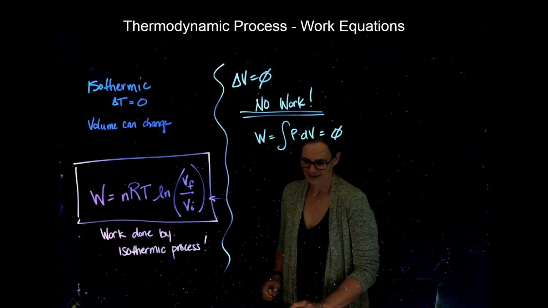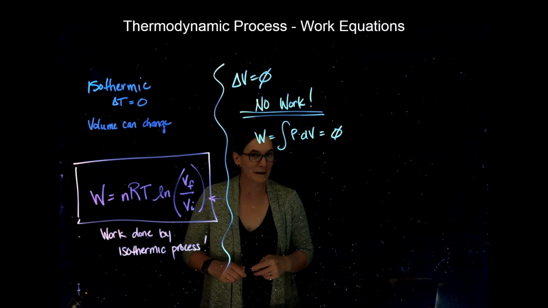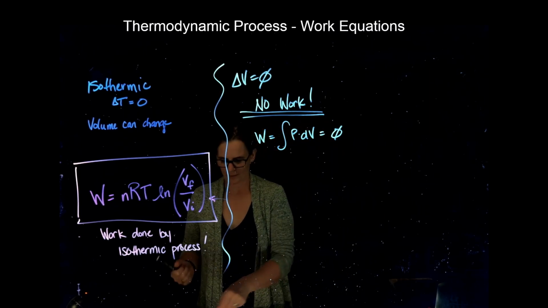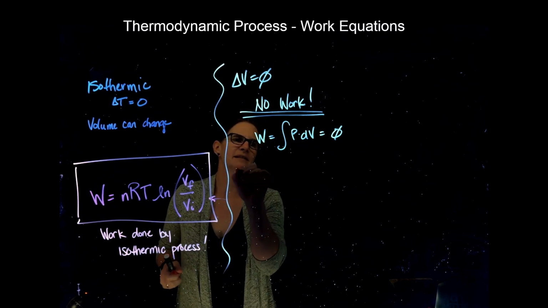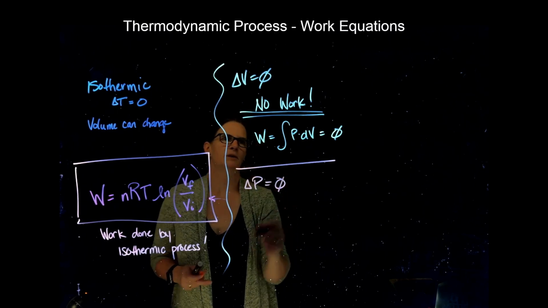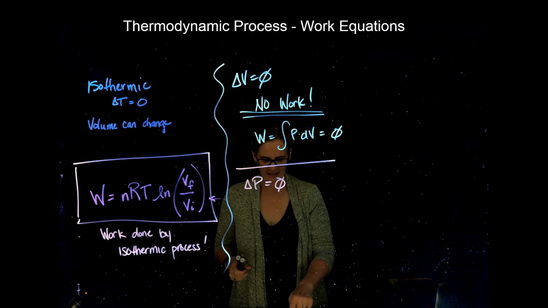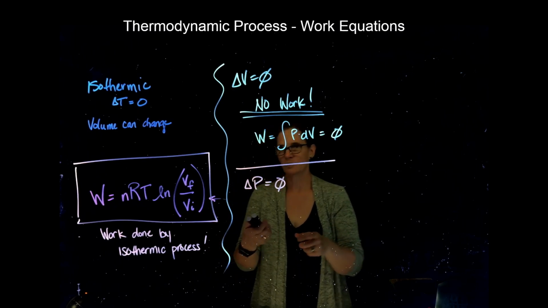What about an isobaric process? Remember, isobaric means that the change in pressure is equal to 0. So what happens with an isobaric process? We're going to use our same integral.